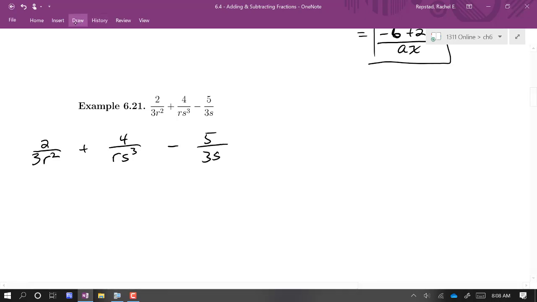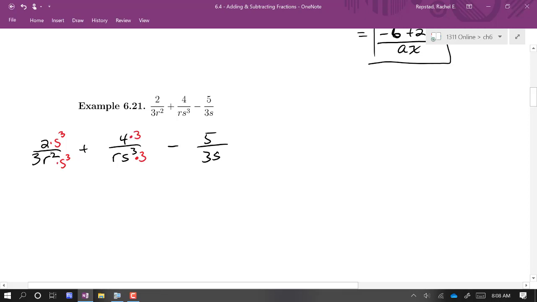So we have 3 fractions here. I'm going to look at this first one and just say, okay, what factors are present in any of the other 2 denominators that are not here? And we need to pick up an s cubed. And then it, I think, has all the factors that are present in the other 2. In the middle, this has to pick up a factor of 3.